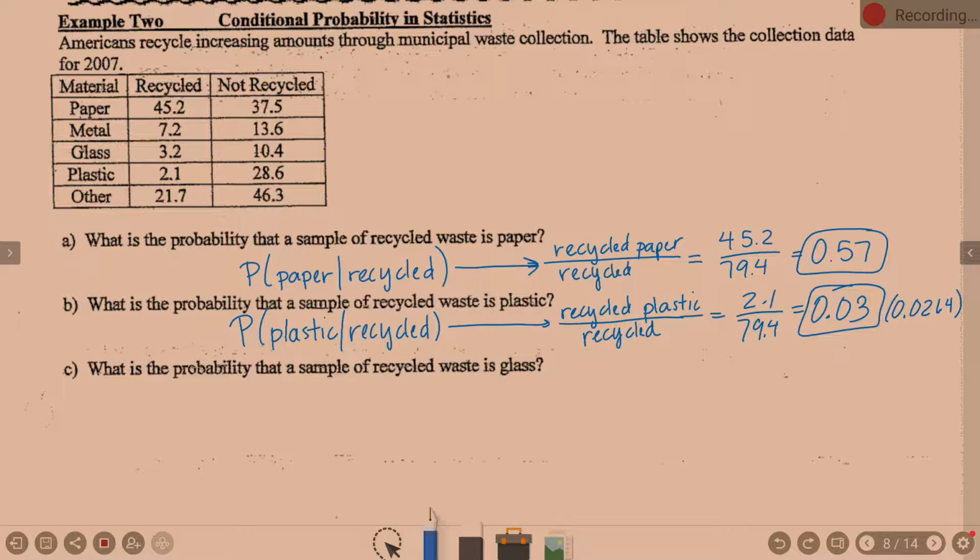Glass over recycled. Recycled glass over recycled. We will ignore the fact that I just spelled recycled wrong. It's okay. So this is the probability that an item is glass given it was recycled.